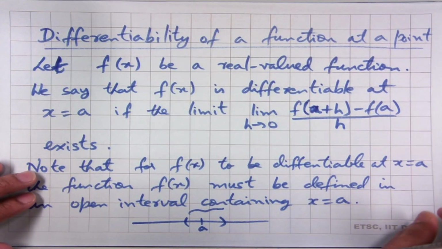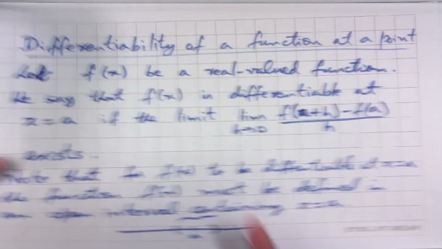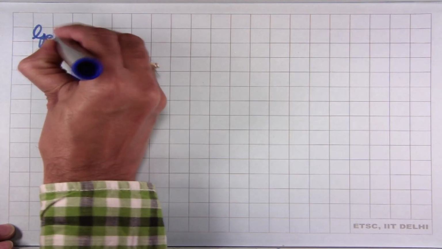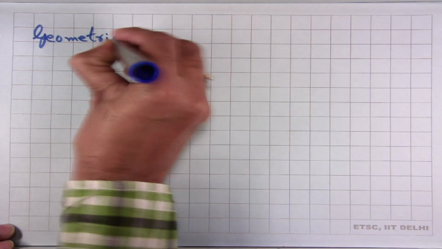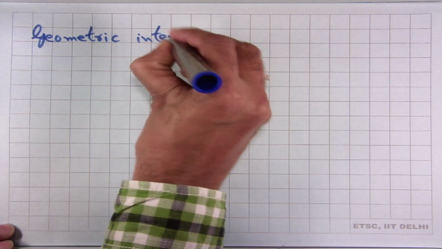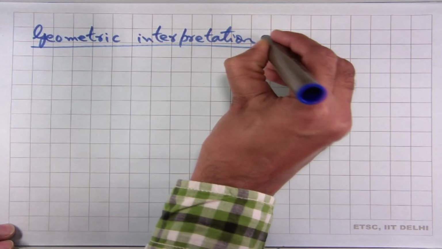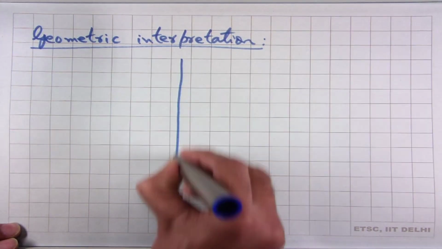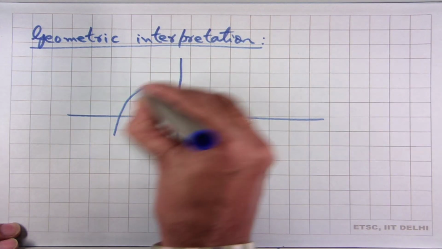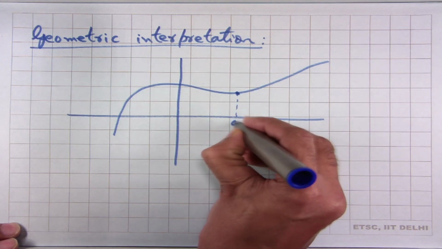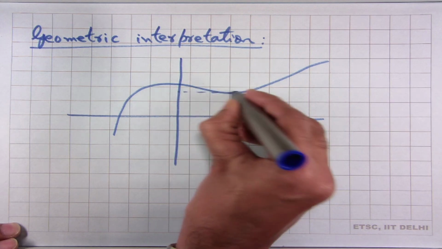Now, let me explain what this ratio f of a plus h minus f of a by h is. If you look at the graph of the function, let me write the geometric interpretation. Let me draw a function and take this point to be x equal to a. So, this is f of a.